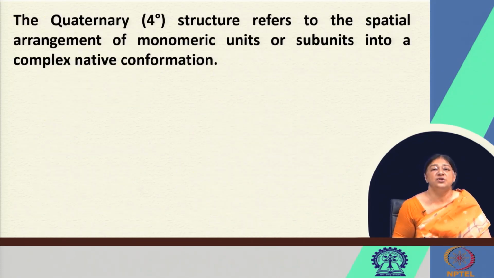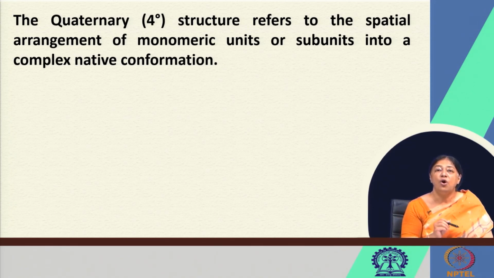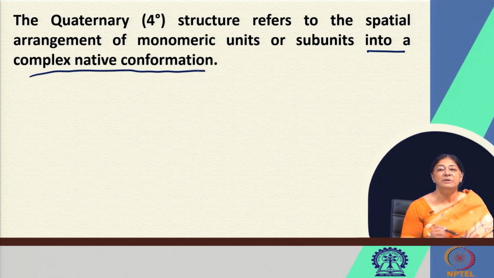The quaternary structure refers to the spatial arrangement of monomeric units or subunits into a complex native conformation. What do we mean by this? We found out that myoglobin has a single polypeptide chain. Is this true for all proteins?